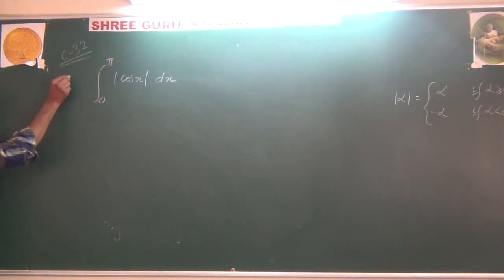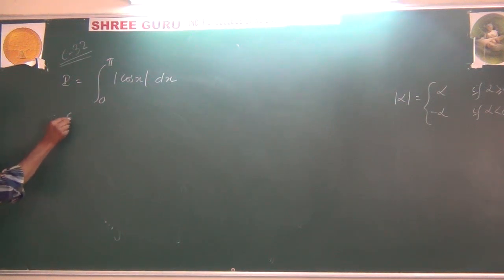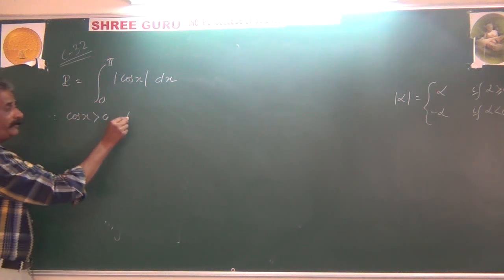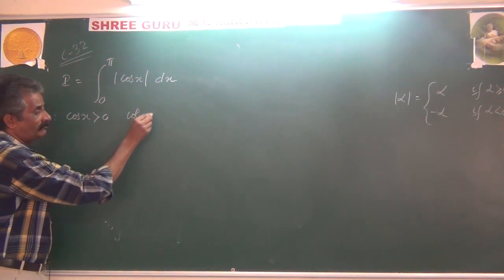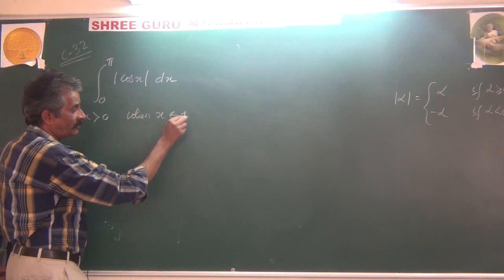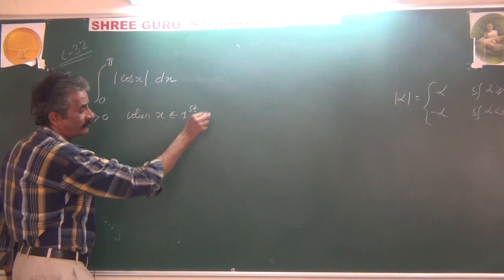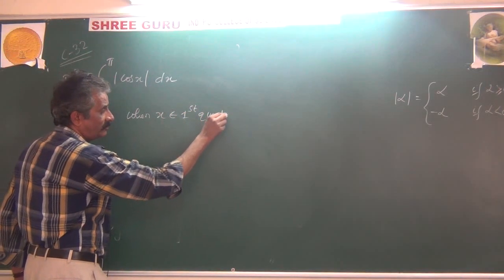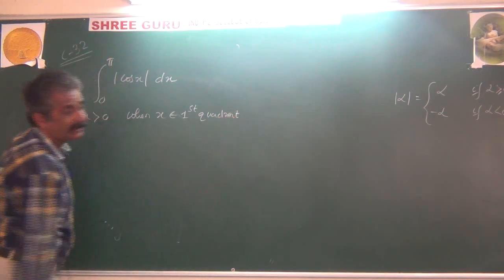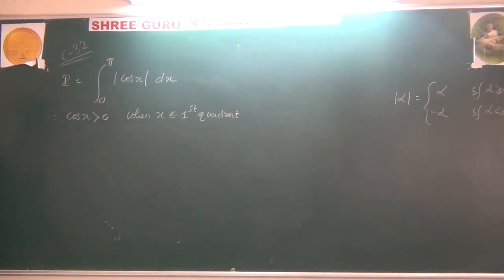First step, begin from 1. Now recall trigonometry. Since cos x is positive if x belongs to first quadrant. And what is first quadrant limitations? 0 to pi by 2.